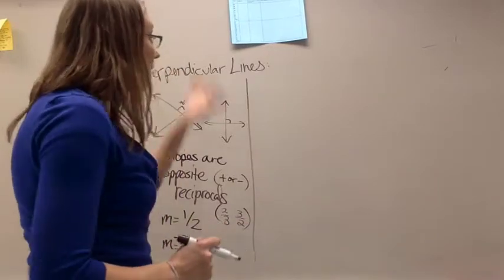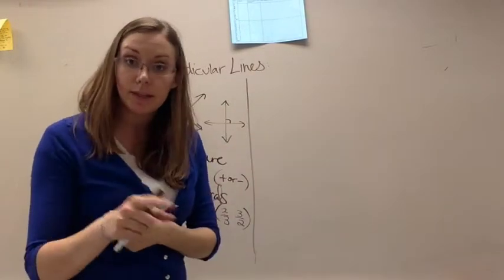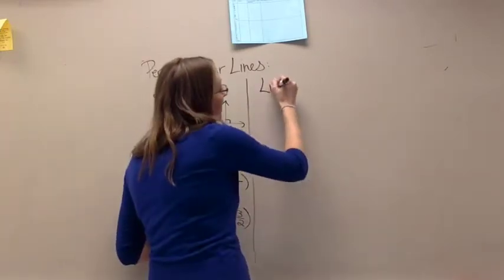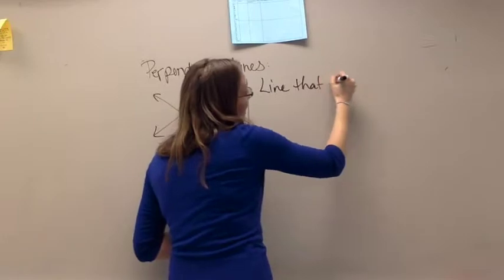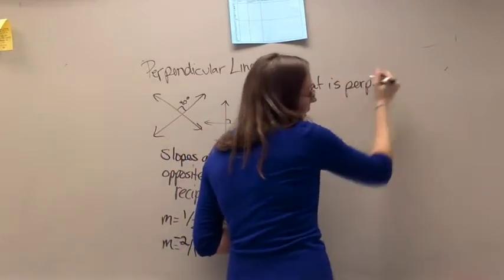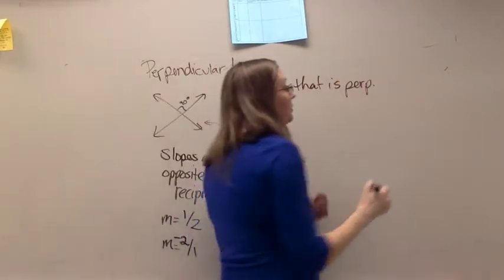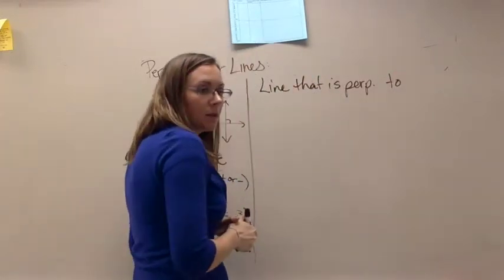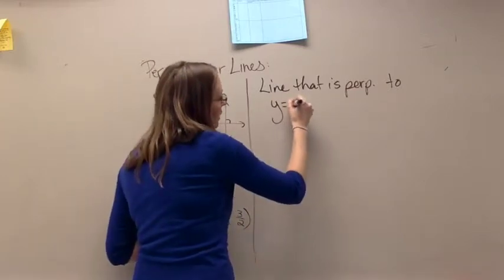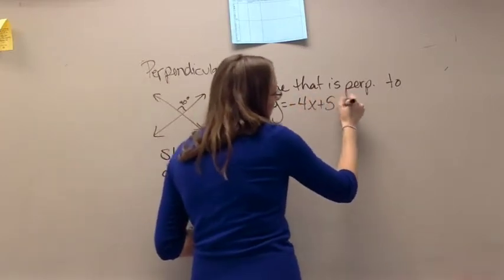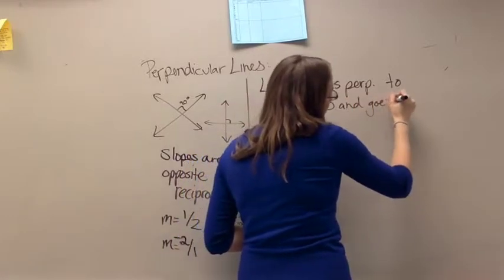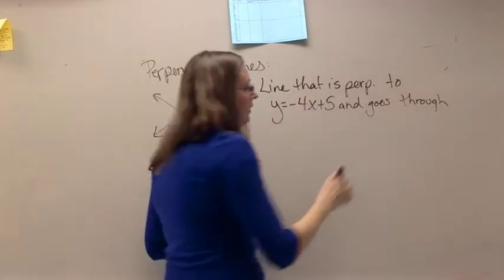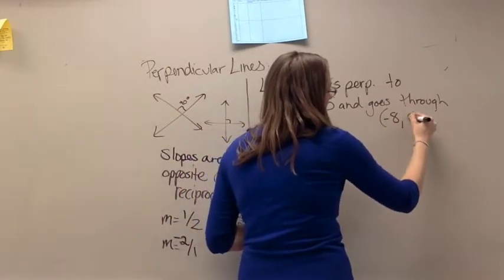All right, now that we know what they are, let's do our 2 examples. We're going to do 2 just like we did last time, but it's a little bit more work. The question you would be asked is something like, what is the line that is perpendicular to, and let's choose y equals negative 4x plus 5, and goes through the point negative 8, 5.